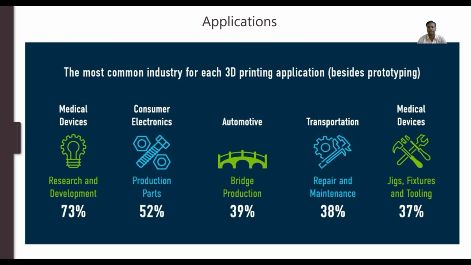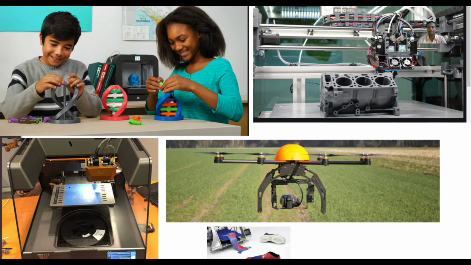For transportation, for repairing and maintenance parts, we are relying on 38 percent. And for medical devices, we are using it for fixing the tools, 37 percent. Currently, we are using 3D printing for many different applications, even for kids' toys, and for educational purposes we print some 3D model objects.